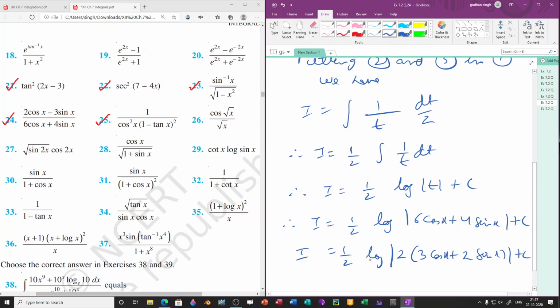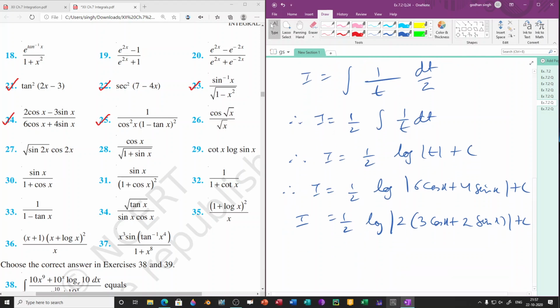And we know that log of a into b is log a plus log b, so if we simplify it further, we get I equal to half log 2 plus half log mod of 3 cos x plus 2 sin x plus c.